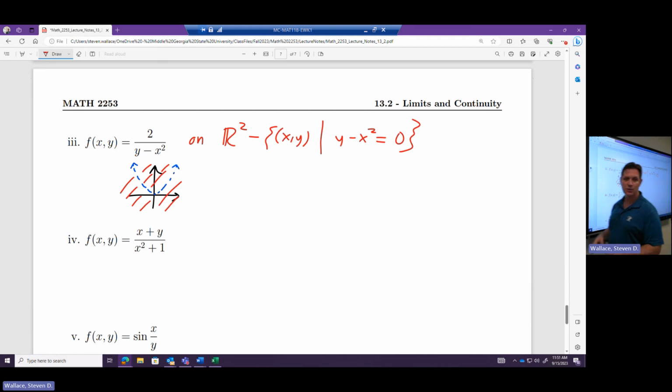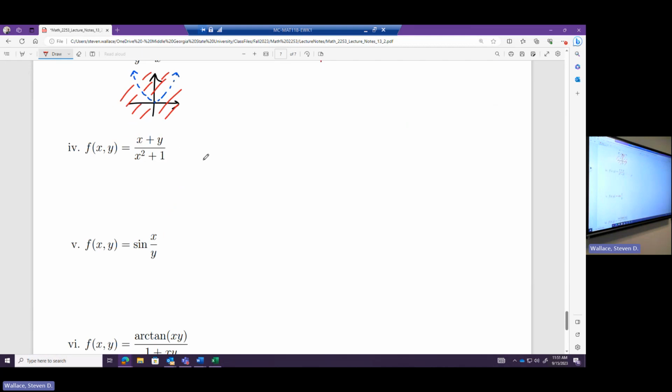Now this next one, the denominator is never 0, right? So this is continuous on all of R2.